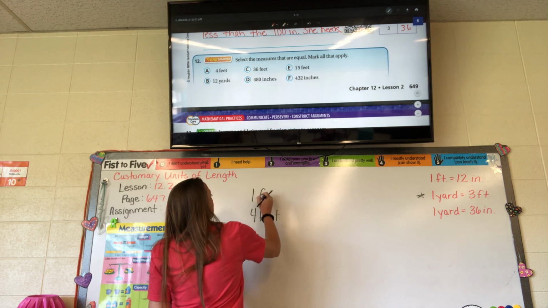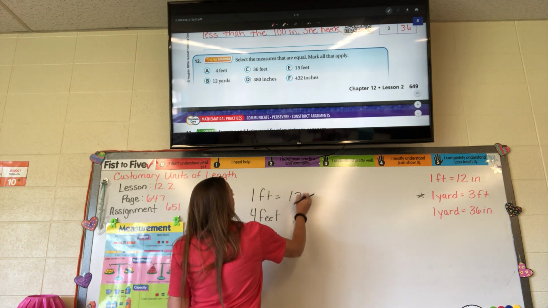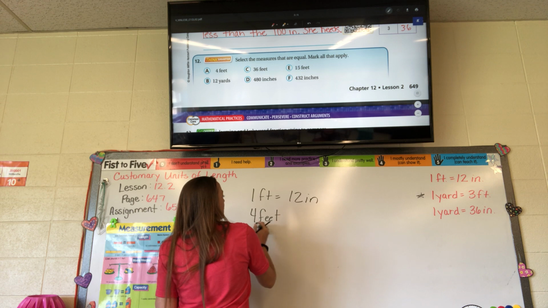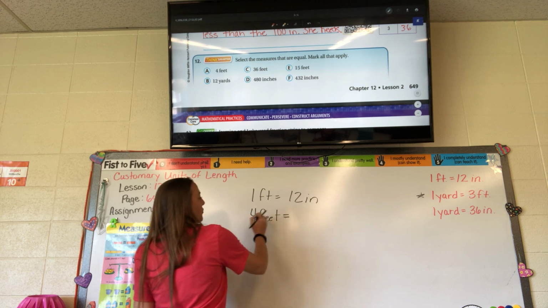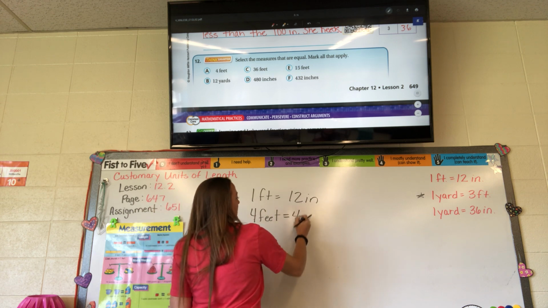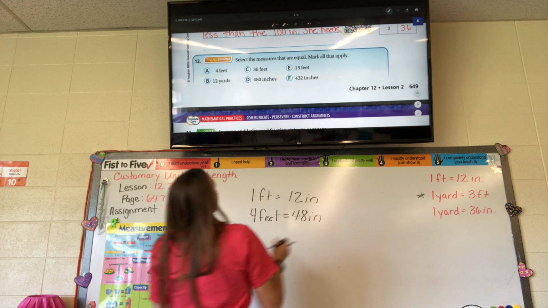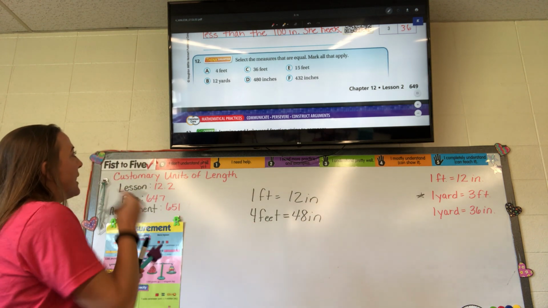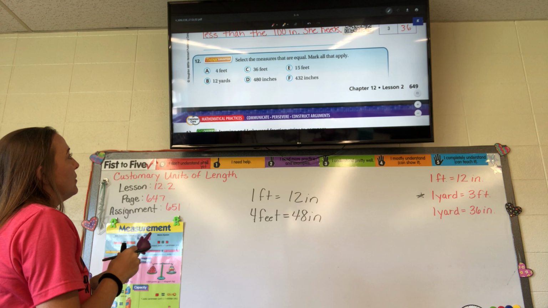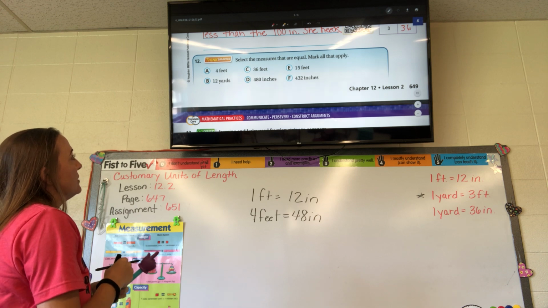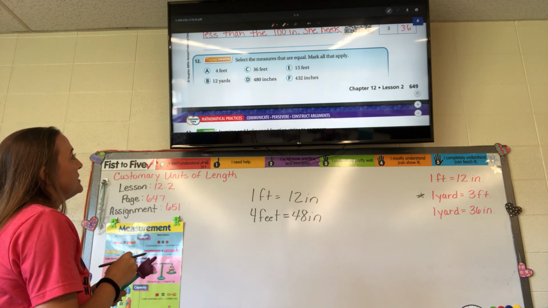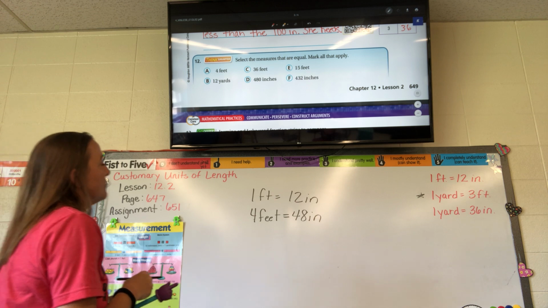I know that 1 foot equals 12 inches. So 4 feet would be 4 times 12, which equals 48 inches. So 4 feet and 48 inches, I don't see up there.